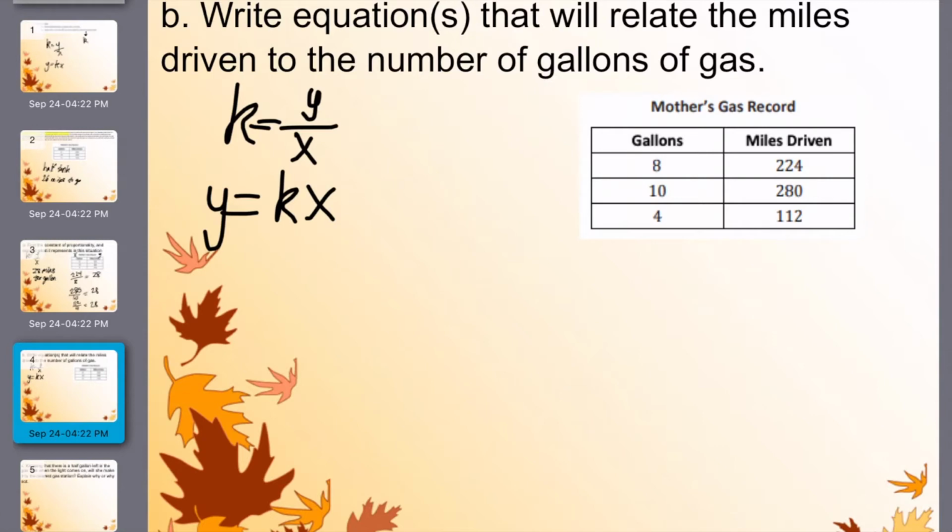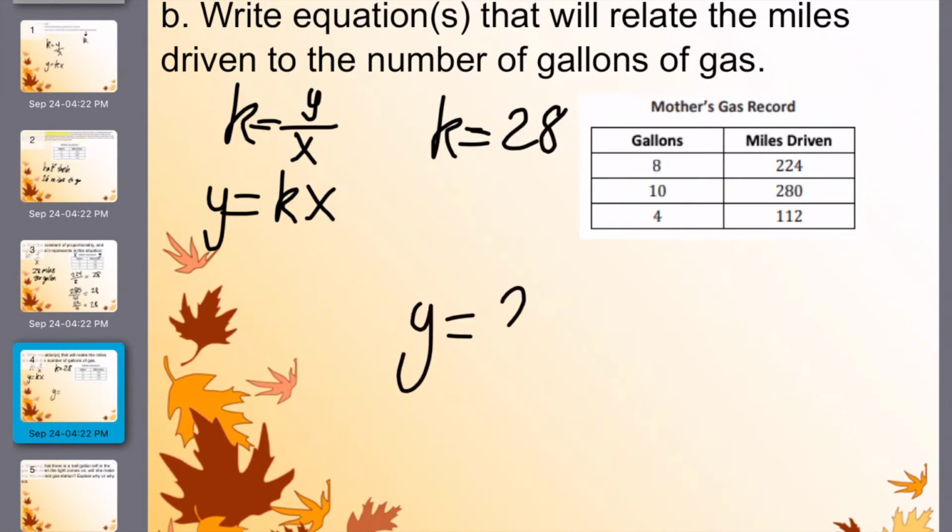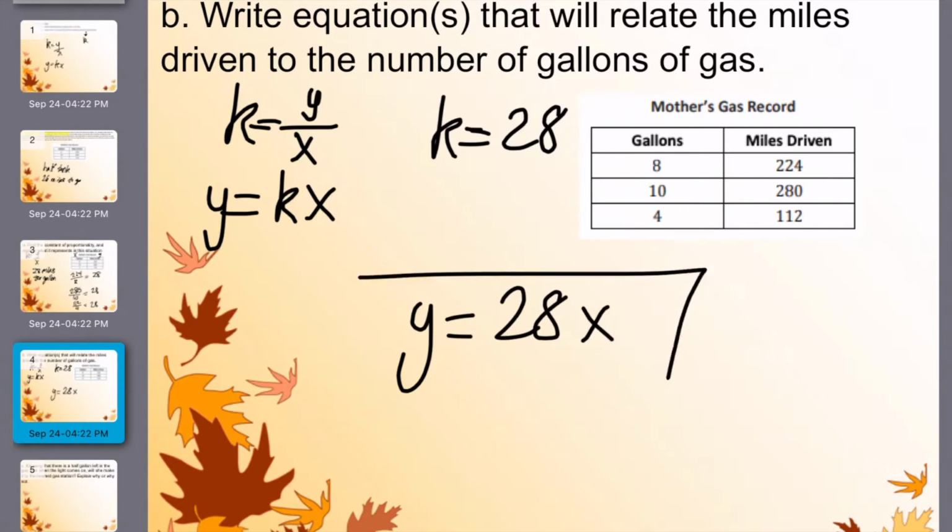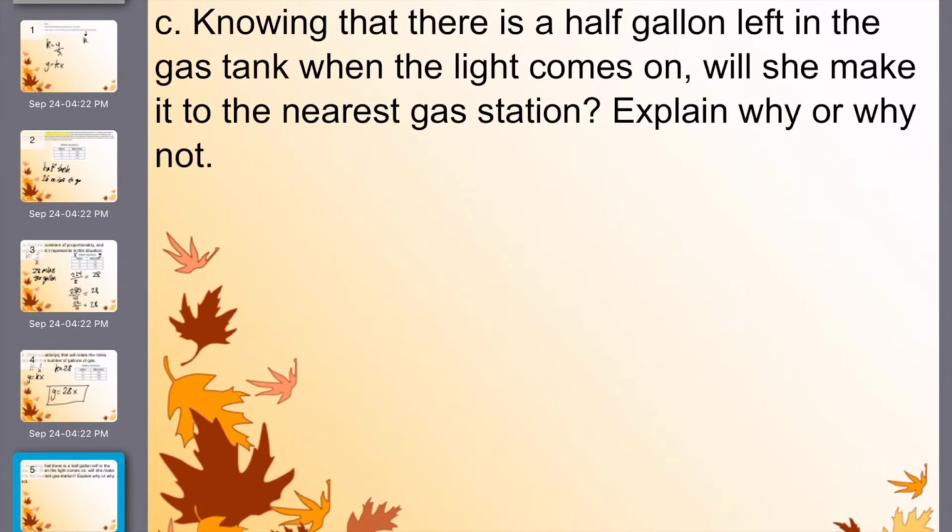I remembered that my k was 28. So in order to write an equation for this, I can just do y equals 28x. And there's exactly that. So let's move on to C.